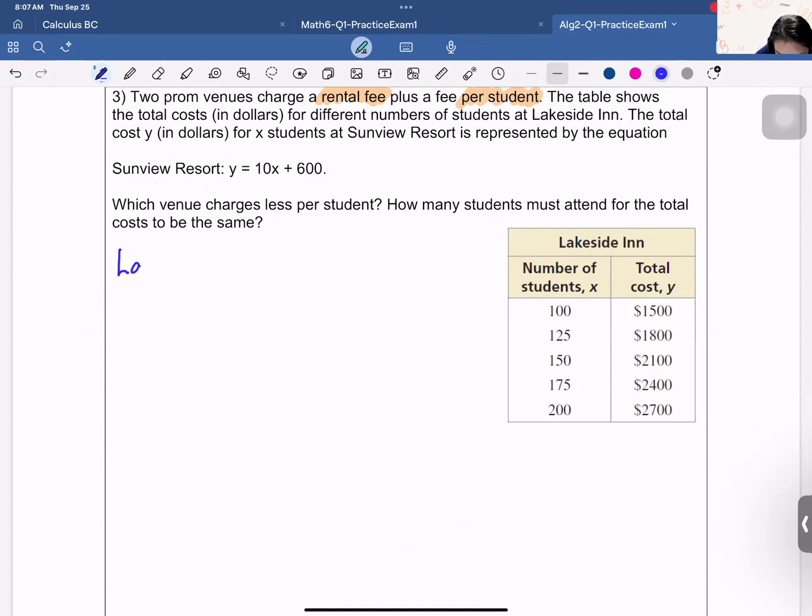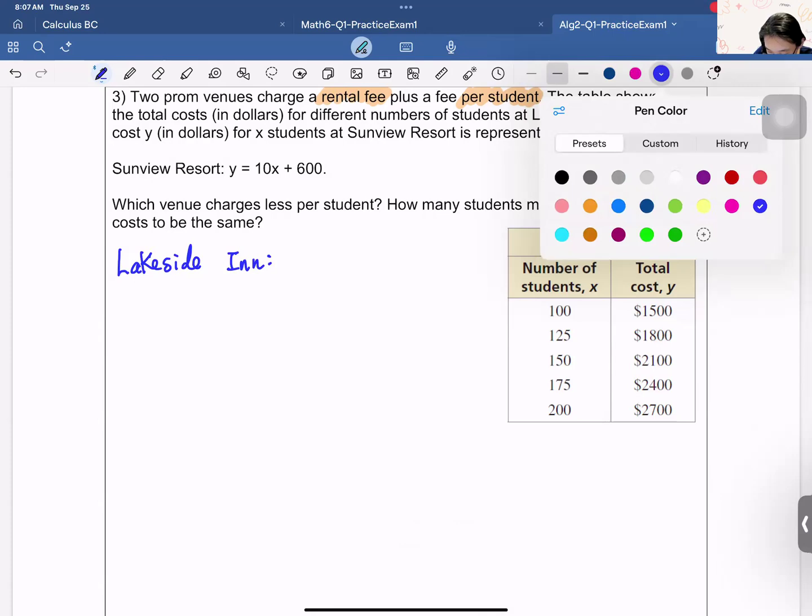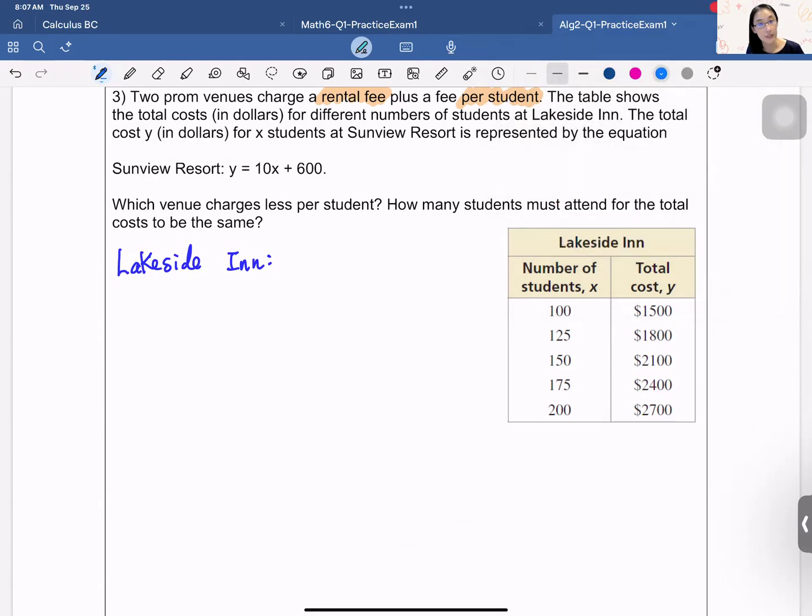For Lakeside Inn, I'm provided a table. When I encounter a table, I want to write the linear equation following the table. This is what we learned in 6th grade. As you can see, once I increase 25, I increase 300.